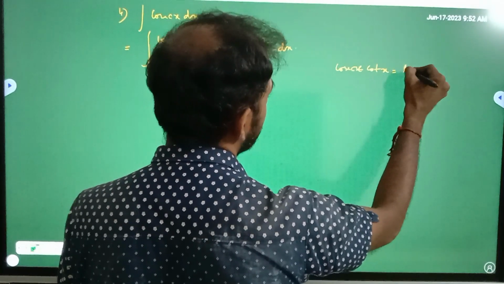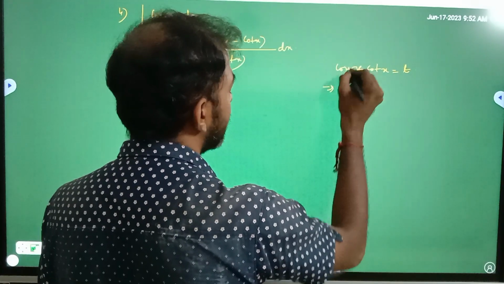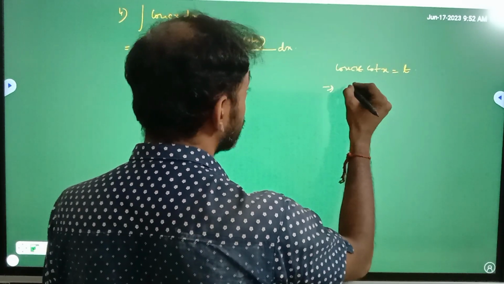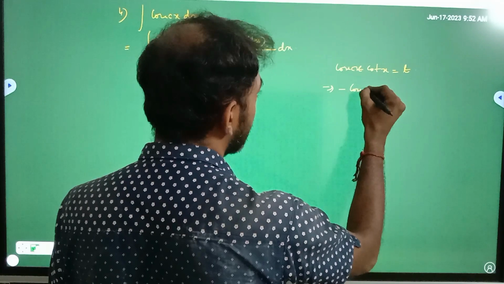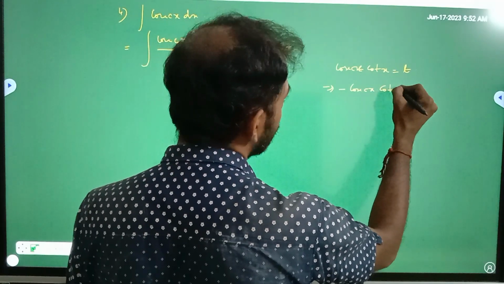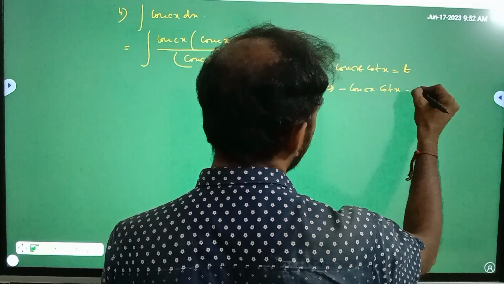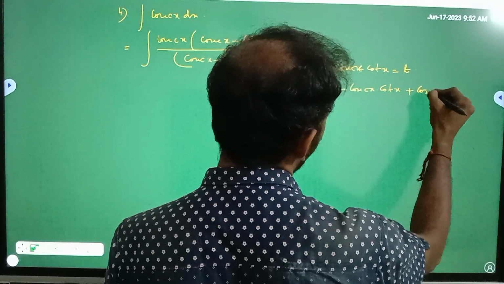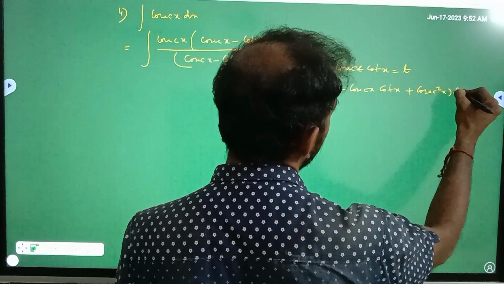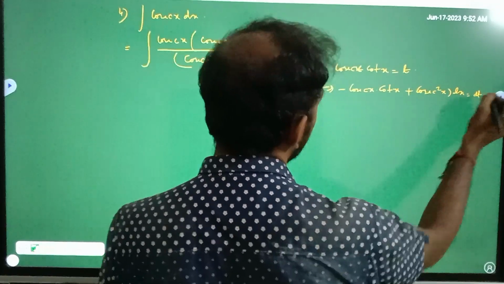Cosec x minus cot x equals t. So the derivative of cosec x will be minus cosec x cot x, and the derivative of cot x will be minus cosec square x, and hence it will be plus cosec square x dx equals dt.